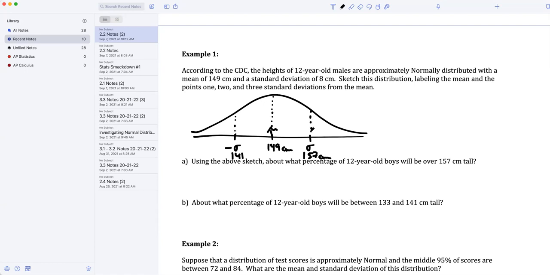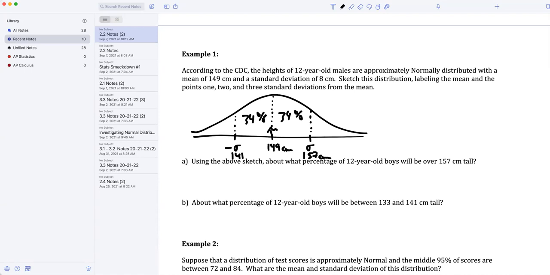So what percentage of the data is between the mean and one positive standard deviation? It's 68 total within one, so this would be 34% and 34%.